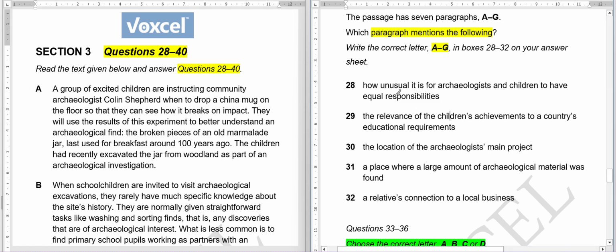28th, how unusual it is for archaeologists and children to have equal responsibilities. Now, what does this word unusual mean? Yes, unusual means something that doesn't happen too often, too frequently, something that is rare. I hope it is clear.